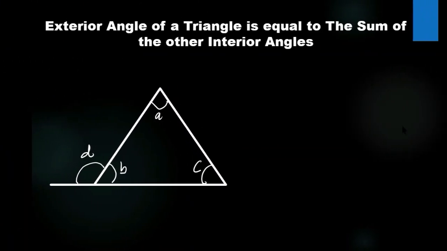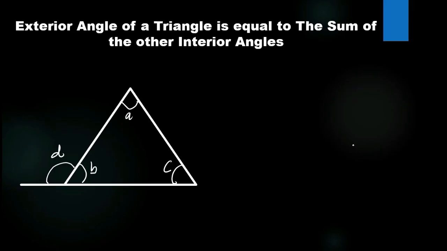The next theorem is that the exterior angle of a triangle is equal to the sum of the other interior angles. Here we're bothered about the angle at D. Now look at it. Remember that D plus B is equal to 180 degrees.